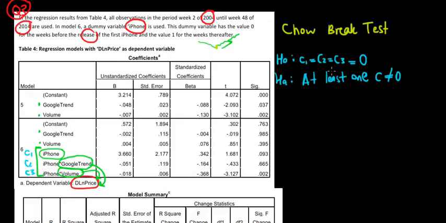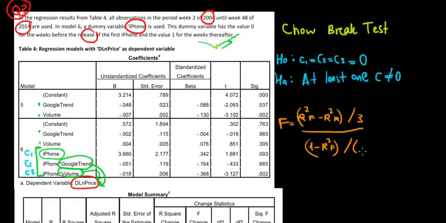Because we're adding variables to the model, our R-square increases, so we're going to do our regular F-test on R-square to see if the increase is significant or not. We compare the R-square of the full model relative to the R-square of the restricted model, divided by the number of additional variables, which are 3 in this case, over 1 minus R-square of the full model, divided by the number of observations minus parameters.